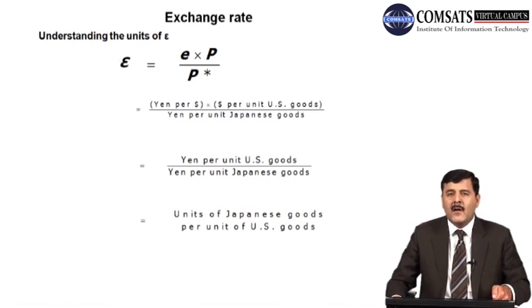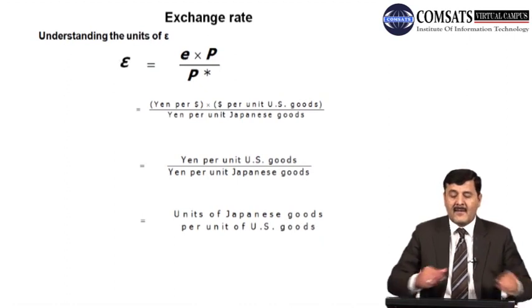Now suppose the value of $1 US is equal to 80 yen, right? And if the price of a certain product in the United States is $100, and the price of the same product in Japan is 16000 yen, how can we explain this example?